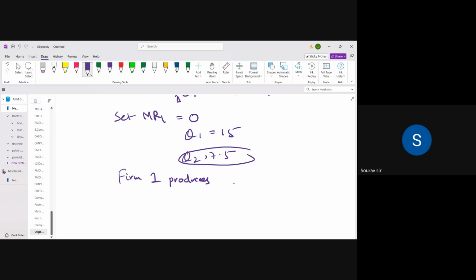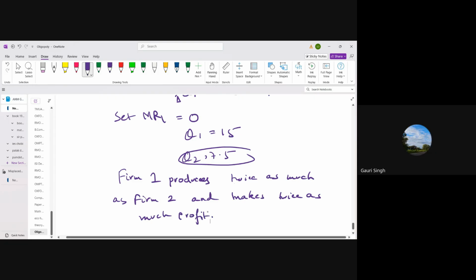So firm 1 produces twice as much as firm 2 and makes twice as much profit.